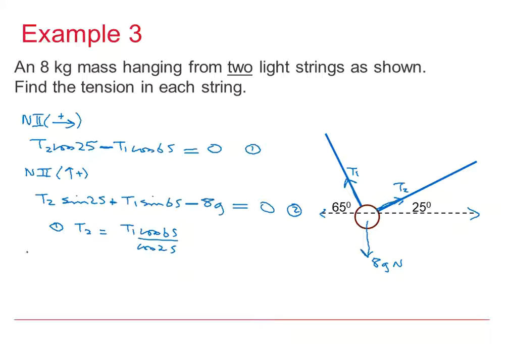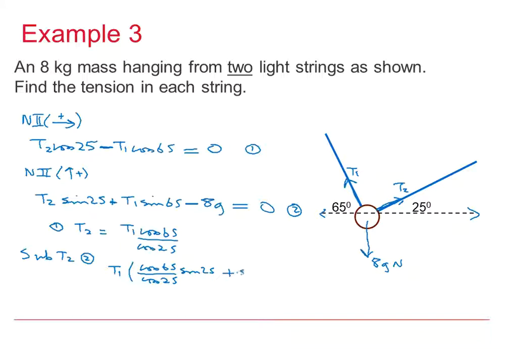And if we now sub T2 into equation 2, and I'm going to put the 8G on the other side, and we could take T1 as a common factor, and then we would have cos 65 over cos 25, don't forget the sine 25.